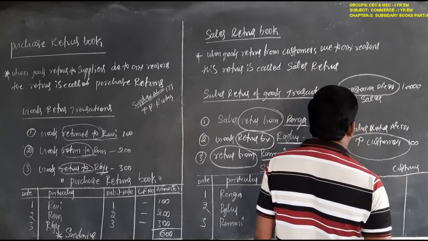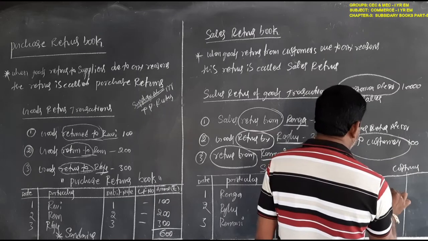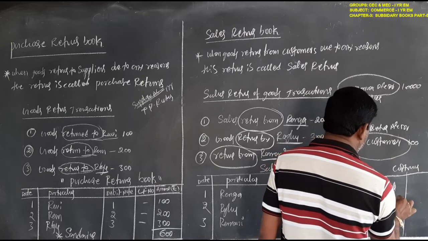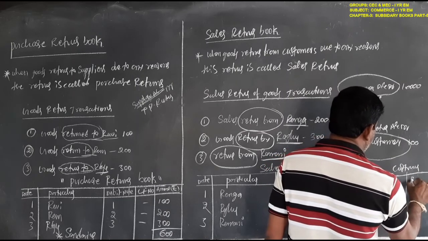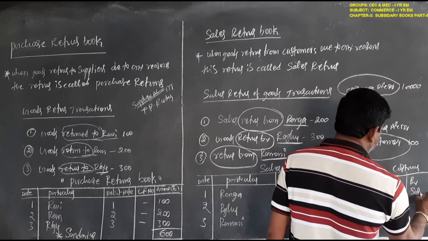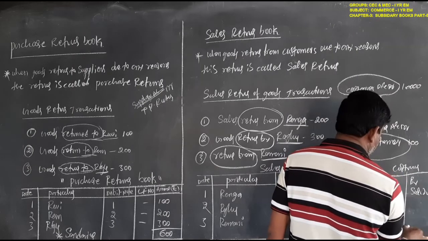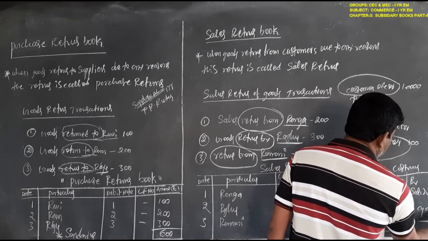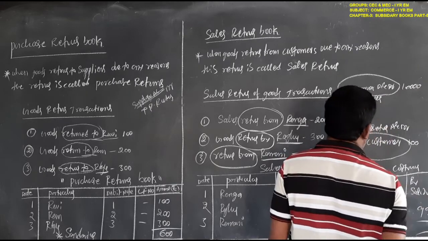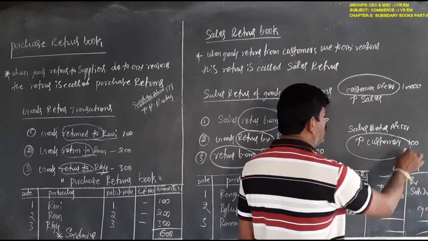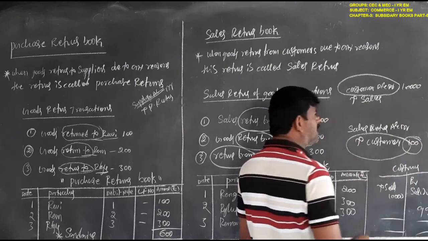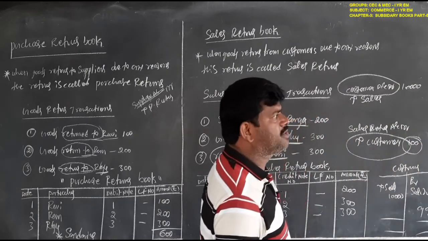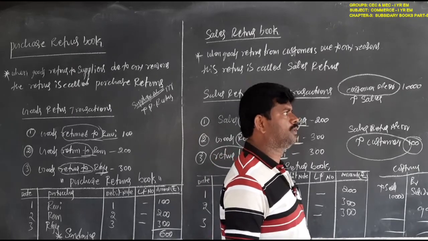Customer account: to sales 10,000 rupees, by sales returns 100 rupees. What is the remaining balance? 9,900 rupees, meaning 100 rupees is deducted from the customer account. So the customer account will be credited. So it is called credit note.